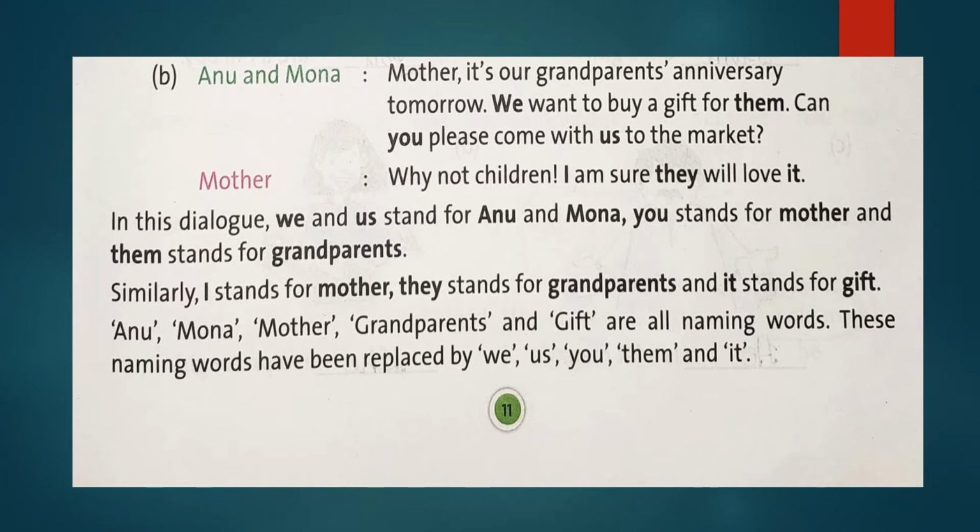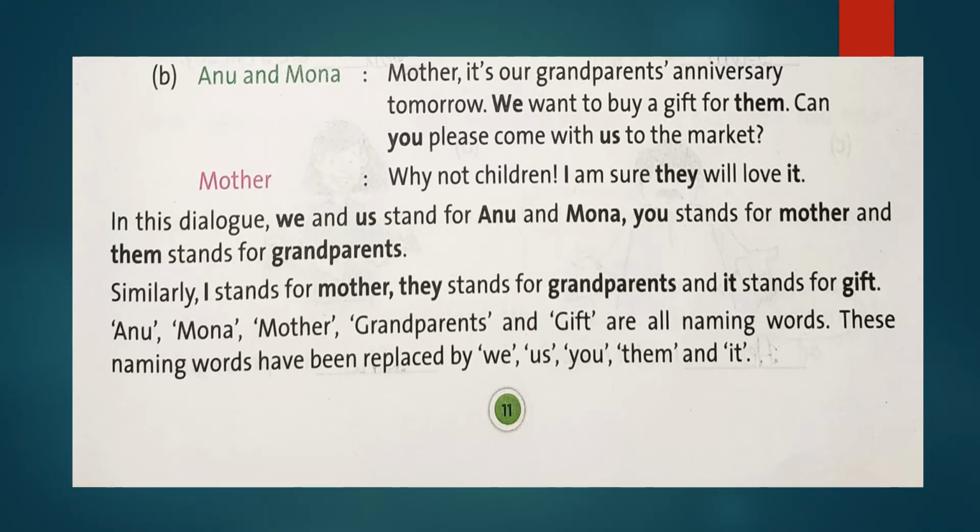These naming words have been replaced by we, us, you, them, and it, which are known as replacing words. Here, we, us, you, them, and it are replacing words, which are used instead of naming words, that is Anu, Mona, mother, grandparents, and gift.